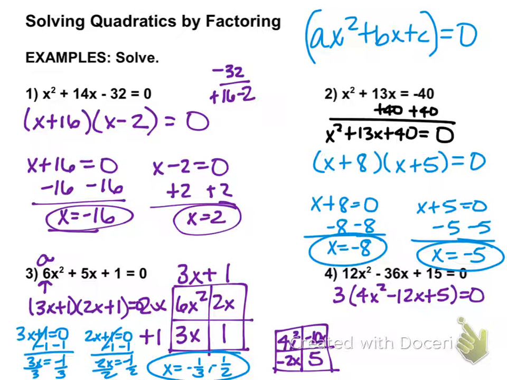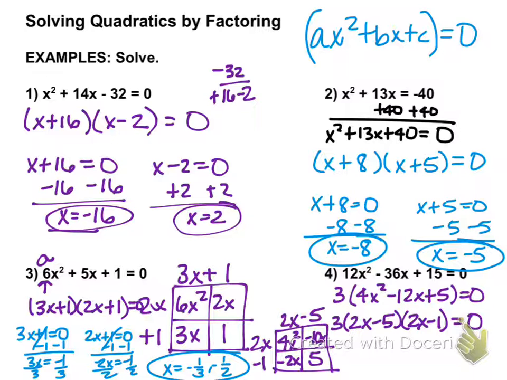Negative 10x and negative 2x. So we find greatest common factors here, 2x and 5, and then 2x and 1. Both of those have to be subtraction. And so I'm with 3 times 2x minus 5, and then 2x minus 1. All that's equal to 0.